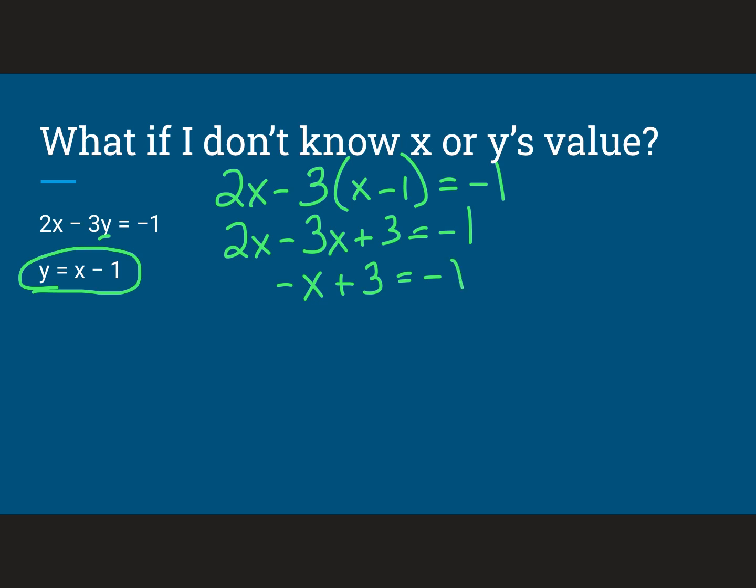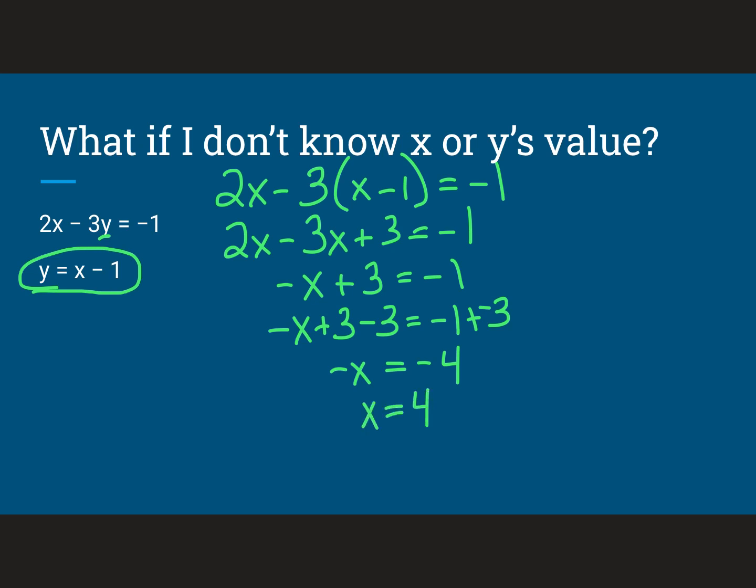I'm going to subtract 3 from both sides, so I have negative x plus 3 minus 3 equals negative 1 minus 3. So I have negative x equals, remember, minus is the same thing as plus negative, so this is negative 1 plus negative 3, so that's negative 4. And again, if negative x is the same thing as negative 4, then x equals 4.